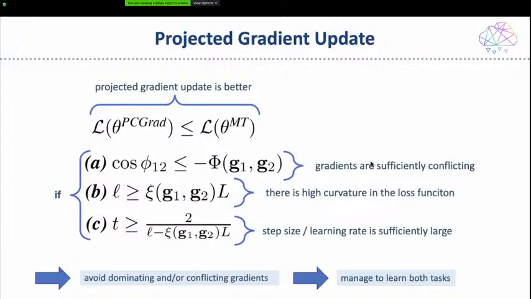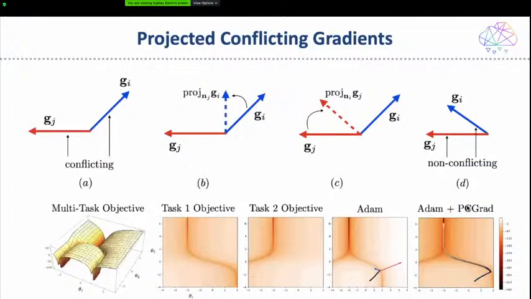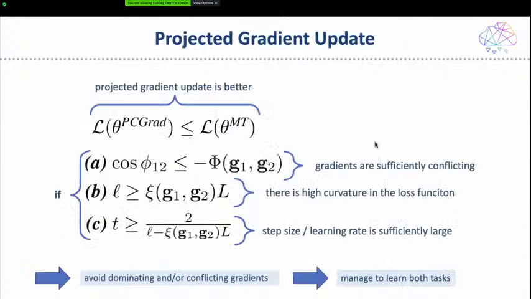Then also, as we've seen before, it's most problematic for the optimizer to find the minimum if there's high curvature like here, because then it's going to overestimate the importance of the one gradient versus the other, which will seem not important enough.